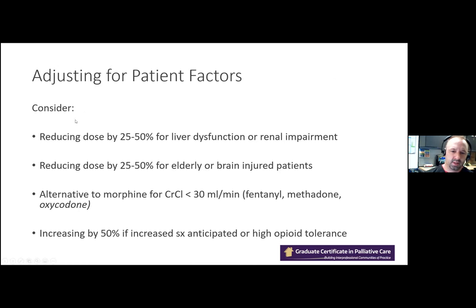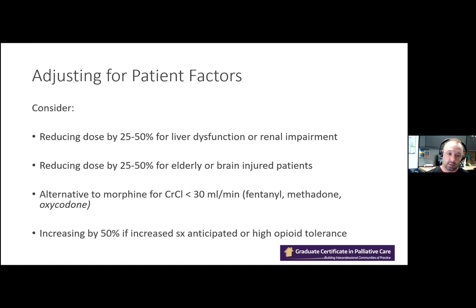So things to consider also in making choices of opioid for patients. One is that if they have a severe liver dysfunction or renal impairment, you may need to reduce the dosing. In the case of the liver metabolizes most opioids to some extent, and the kidneys are involved in excretion of those metabolites.